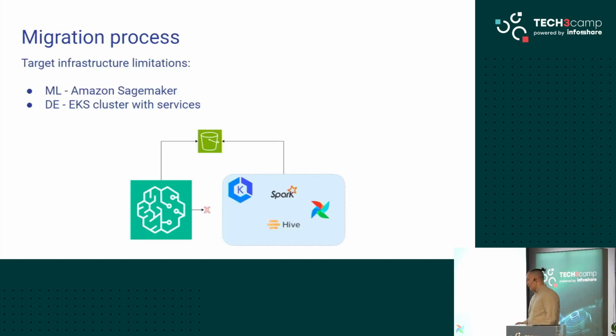The migration started with target infrastructure requirements, and among them was performing machine learning algorithms in the customer's SageMaker service. They wanted to migrate only the code and abandon the rest of the infrastructure. For data engineering purposes, we were supposed to use a Kubernetes cluster with services running Spark, Hive, and Airflow, and this cluster was already in use to ingest data into the S3 bucket during the ETL process.